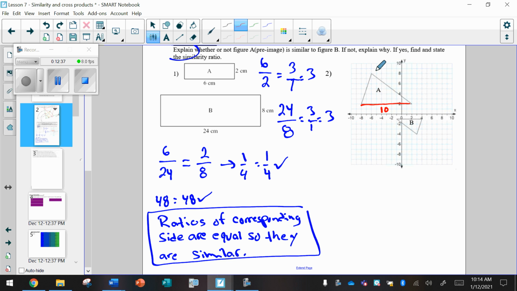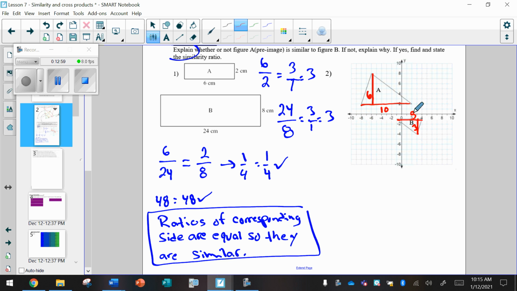And I can drop a height, 1, 2, 3, 4, 5, 6. That is a length of that triangle that I can count, and it does work as a value that I can use. Over here, 1, 2, 3, 4, 5. And the height, 1, 2, 3.